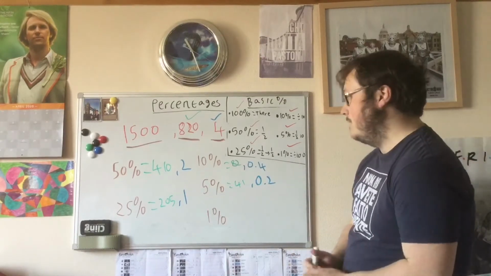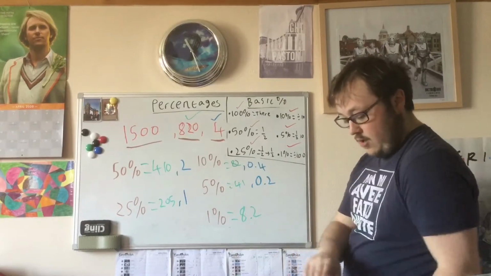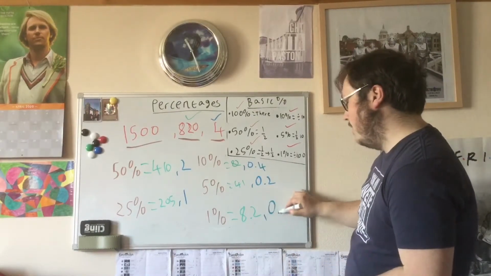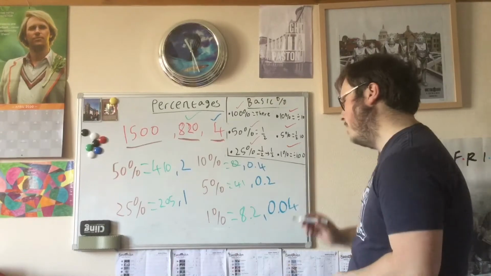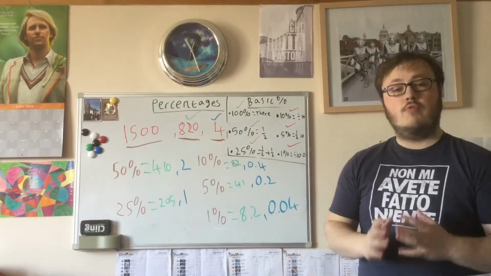And finally, 1% of 820 is 8.2, while for 4 it's 0.04.